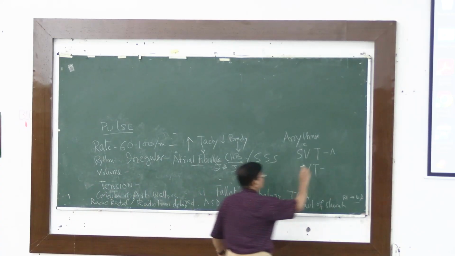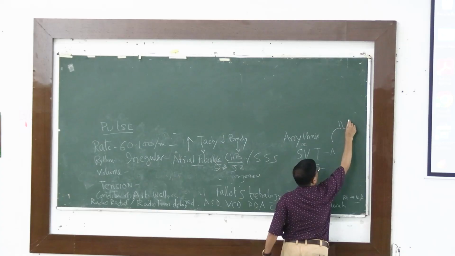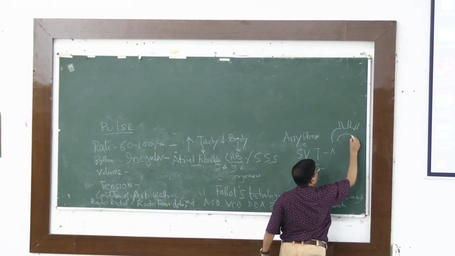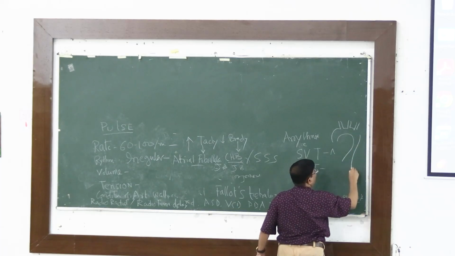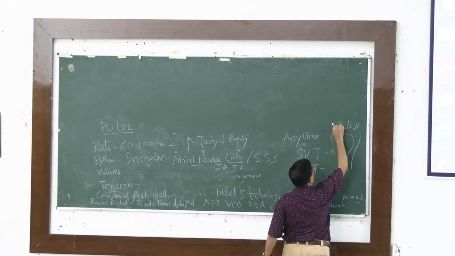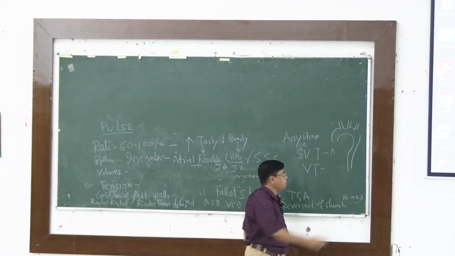You see, if there is an aorta, what are the branches of the aorta? Can anybody remember?